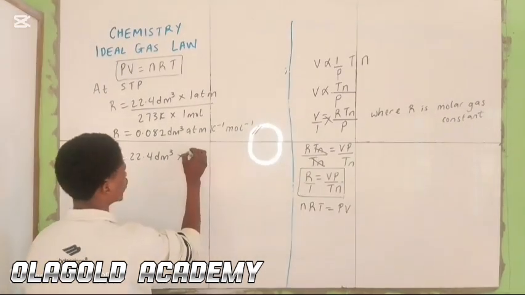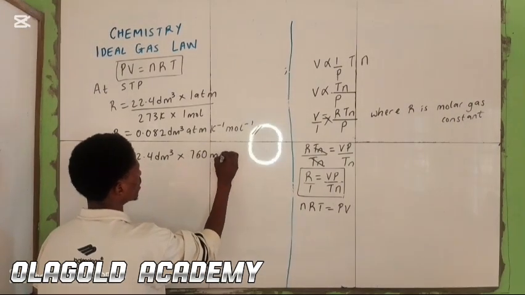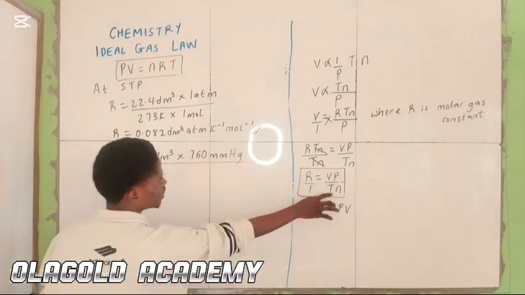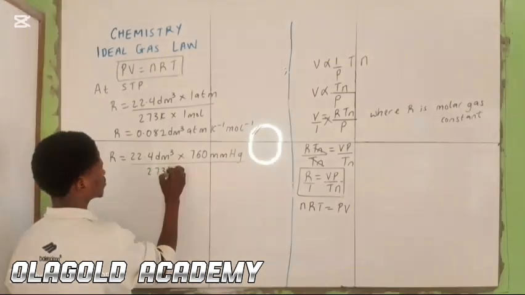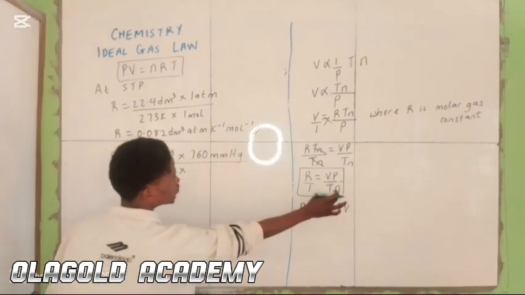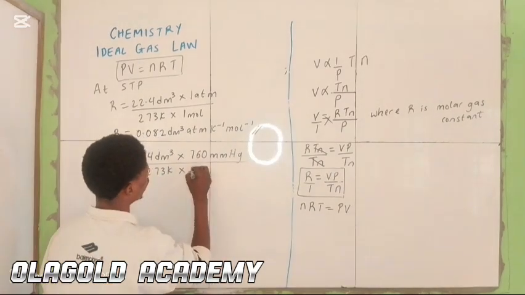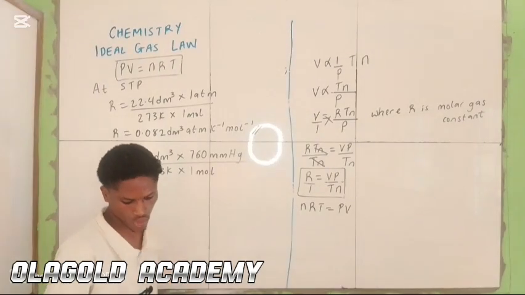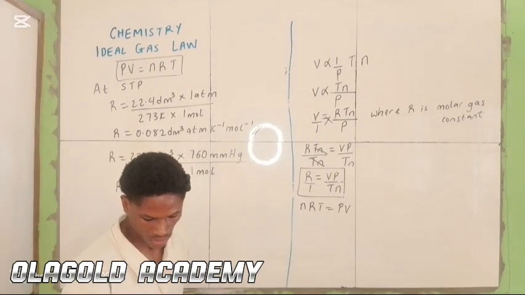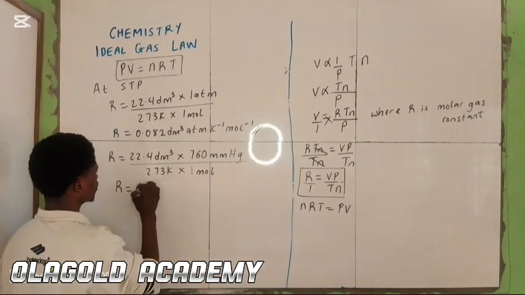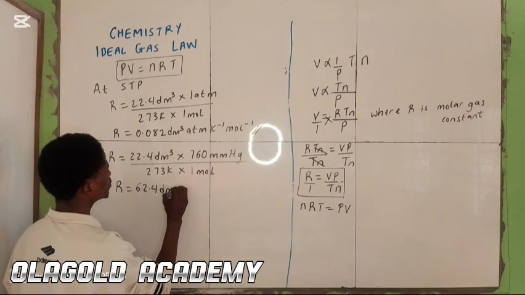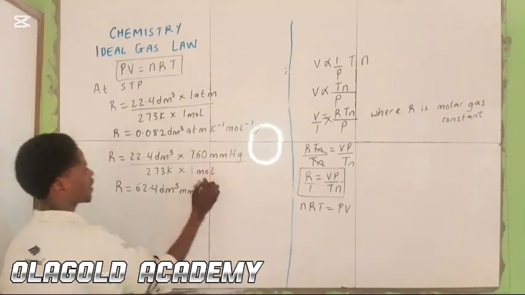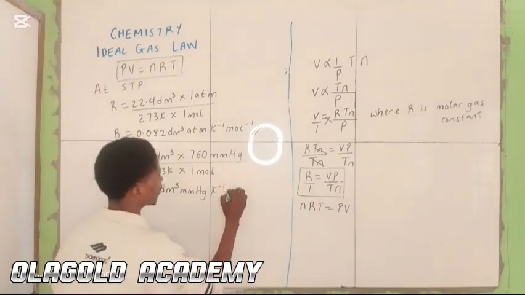Our pressure is now 760 mmHg, all over the same temperature, 273 Kelvin multiplied by the same number of mole, which is 1 mole. When we divide this, we are going to get 62.4 dm³ mmHg per Kelvin per mole.